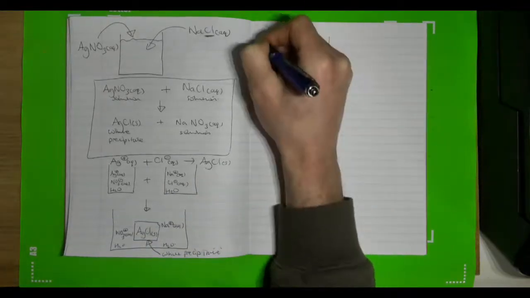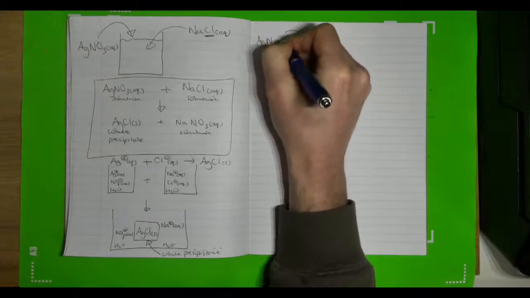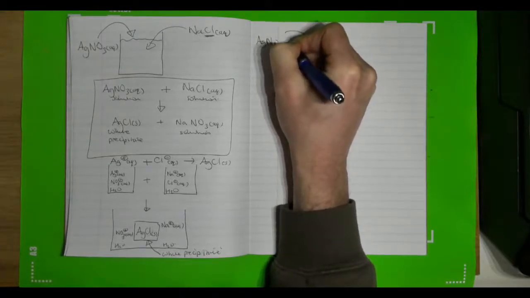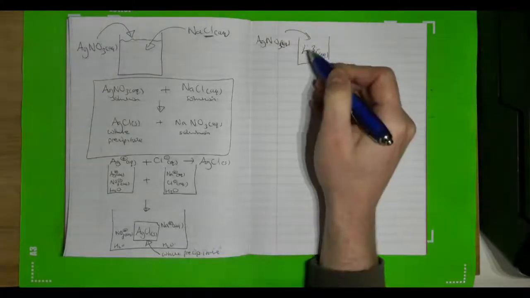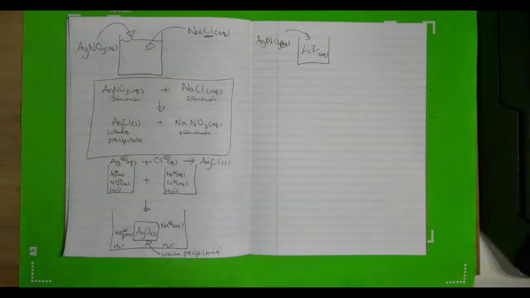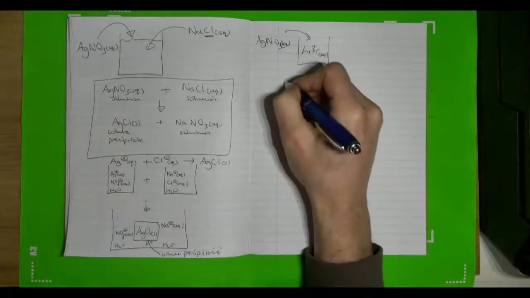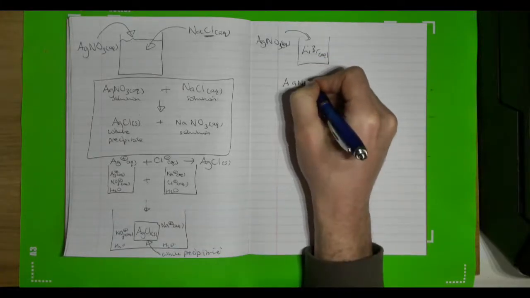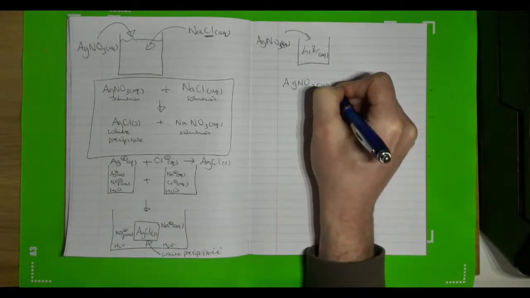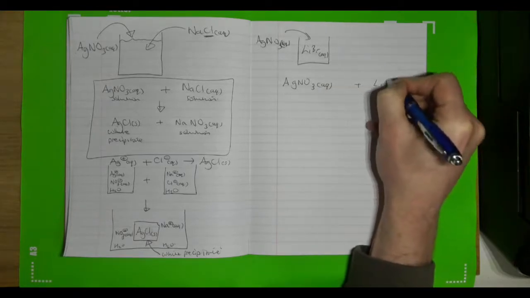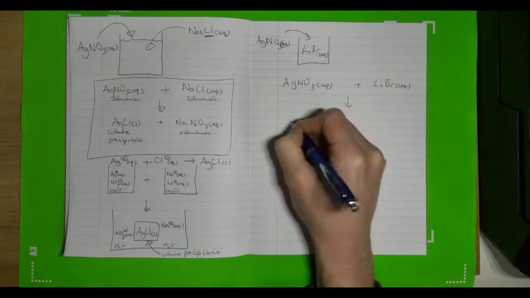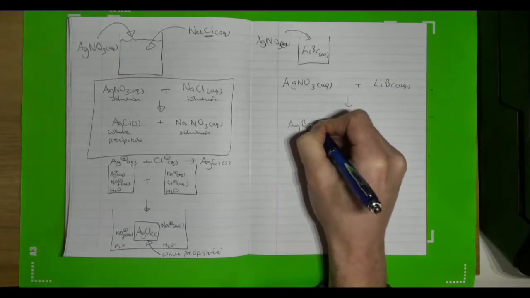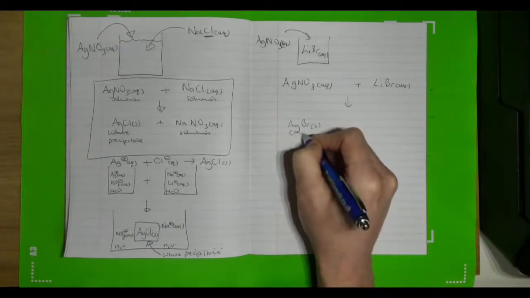So what you would do is you would put in some silver nitrate solution to your lithium bromide solution, and then there'll be a chemical reaction. So we have a silver nitrate solution which would react with lithium bromide, and that would make silver bromide solid, which is cream.